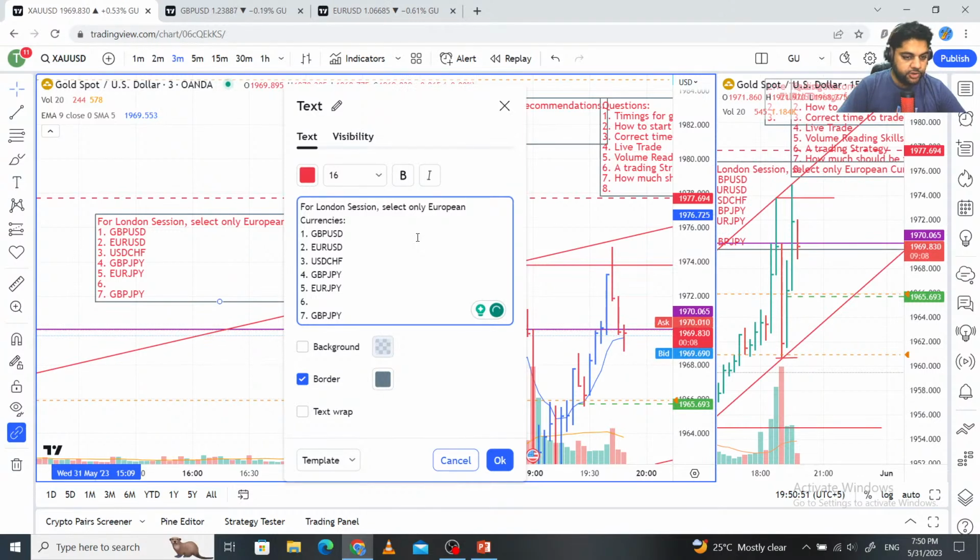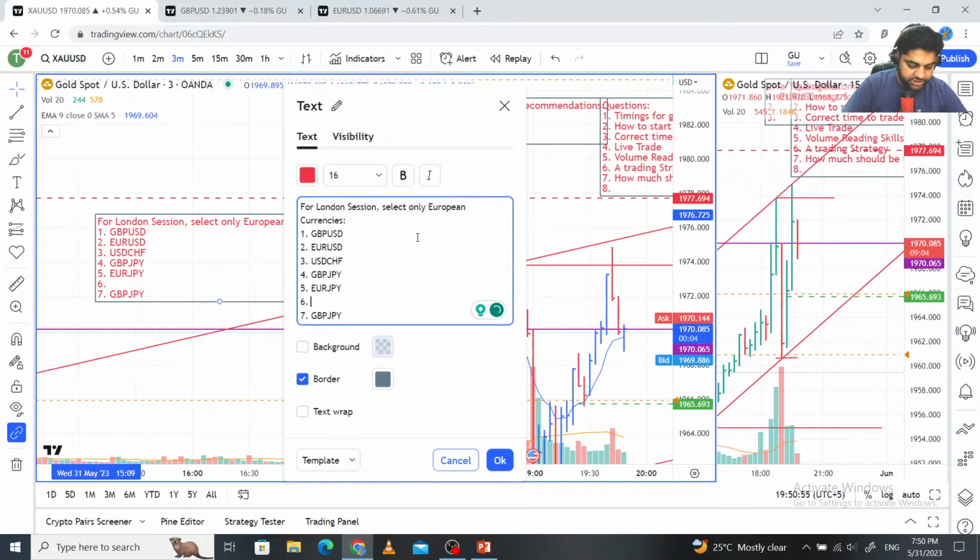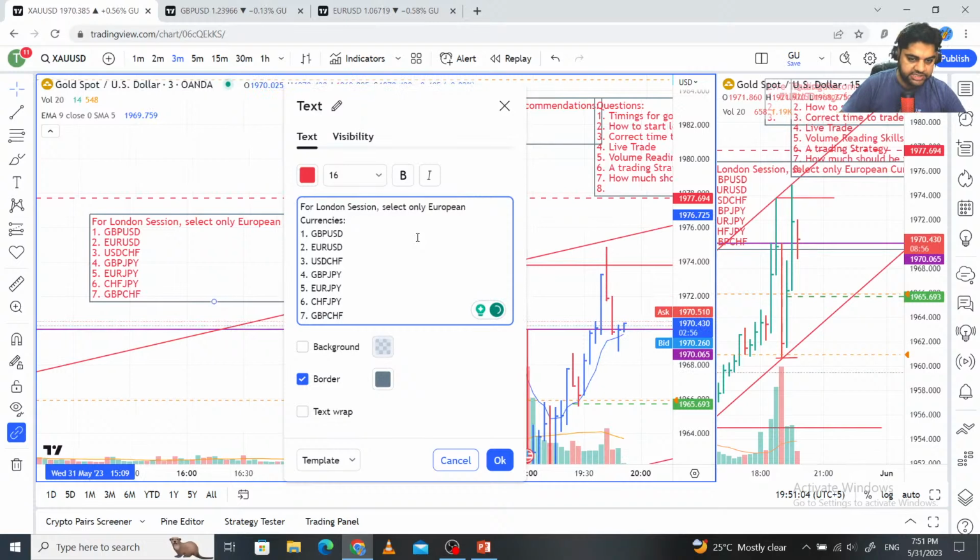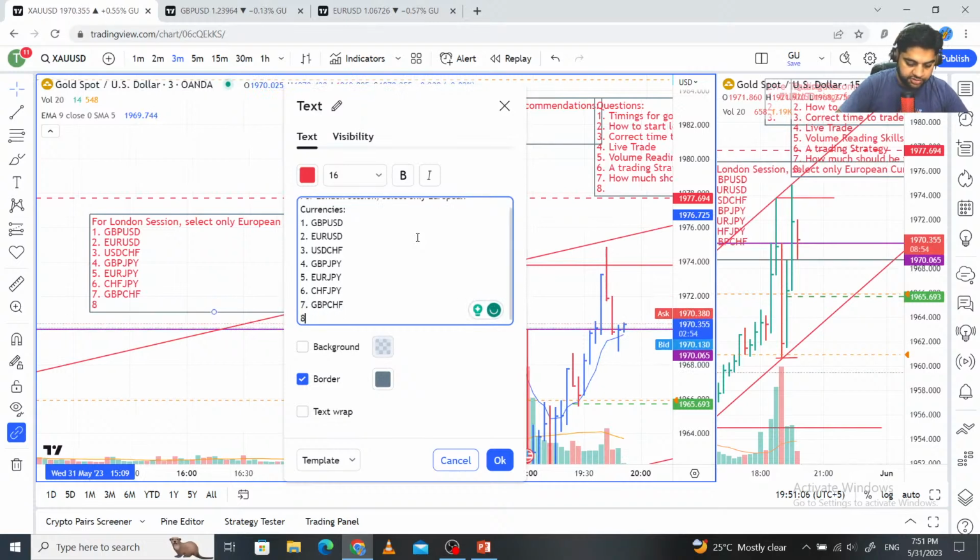Okay, and you also have CHF JPY, and of course you also have GBP CHF, and Euro CHF.